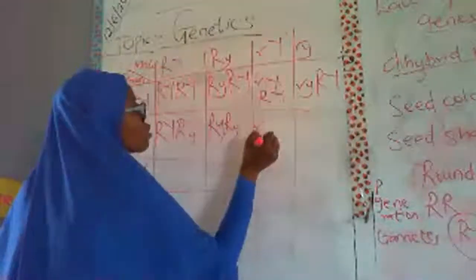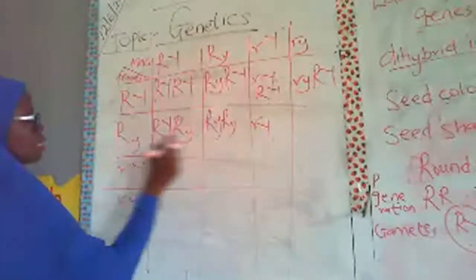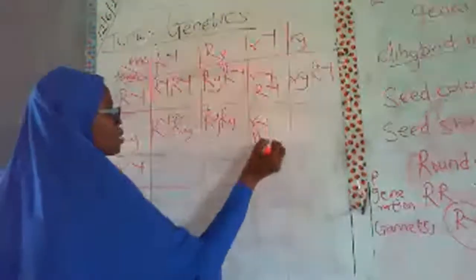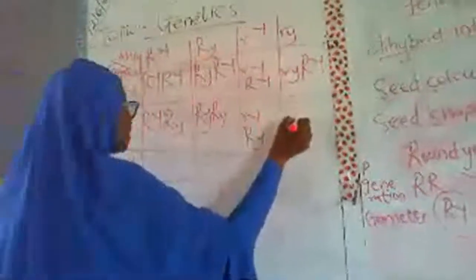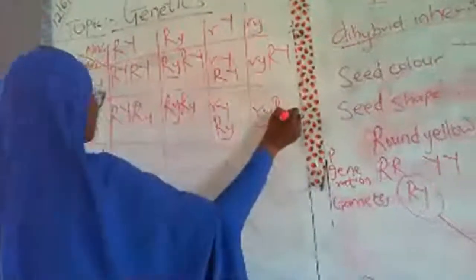Small letter R, capital letter Y, then capital letter R, small letter Y. Also, we have small letter Y, R, small letter Y, then capital letter R, capital letter Y.